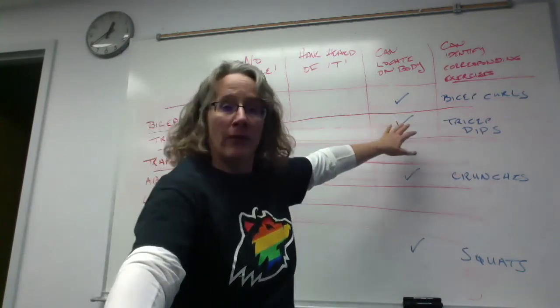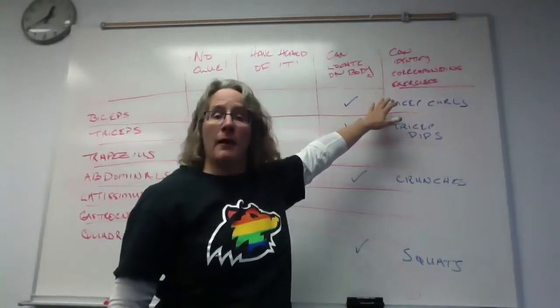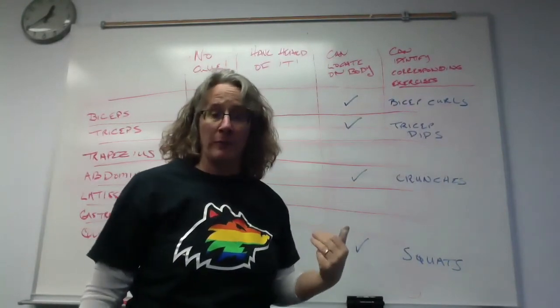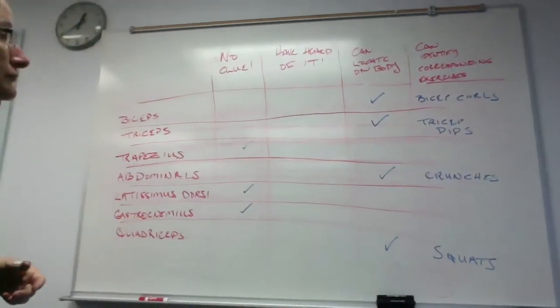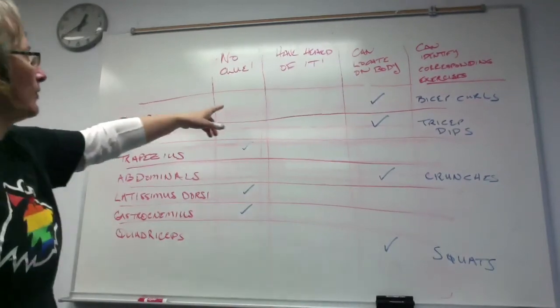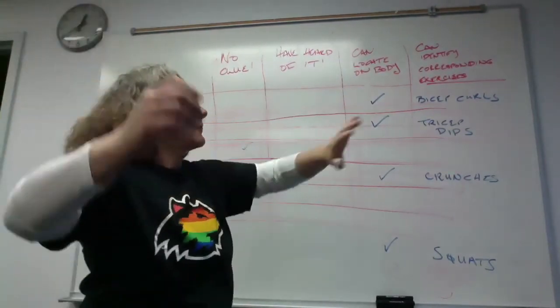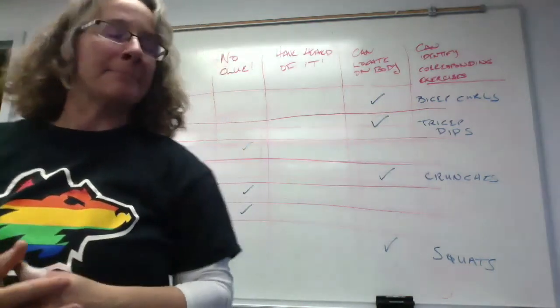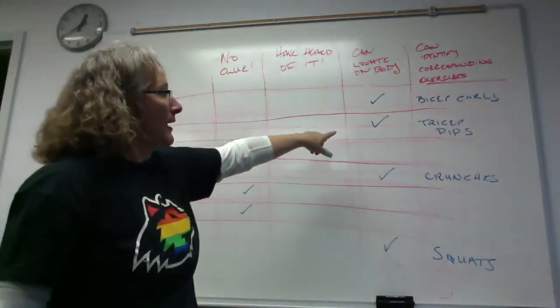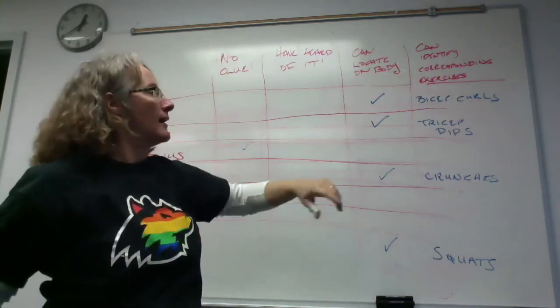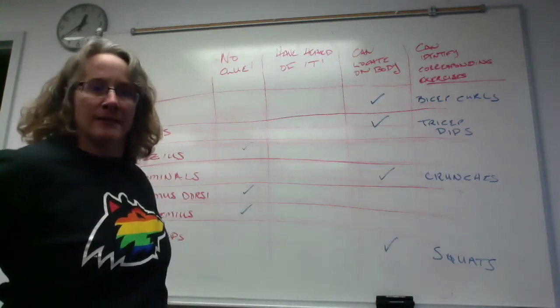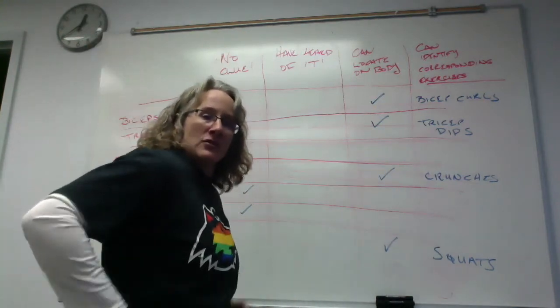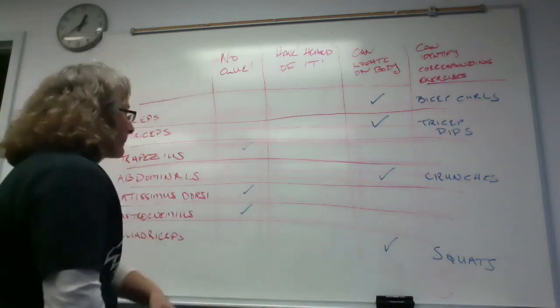But I can also identify corresponding exercises to work those particular muscle groups. So for instance, I know where the biceps are, and then I can do bicep curls to work that. Similarly, I can locate the triceps on the backside, and if I wanted, I would do tricep dips or tricep extensions to work back there.